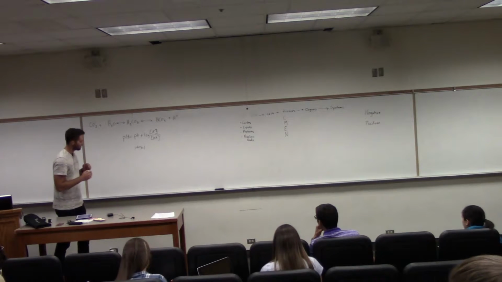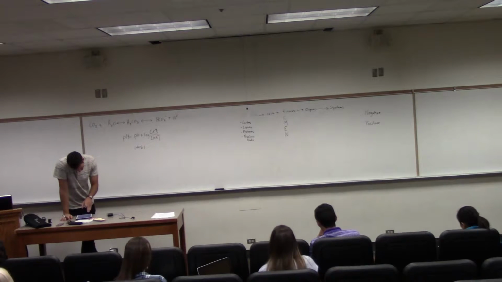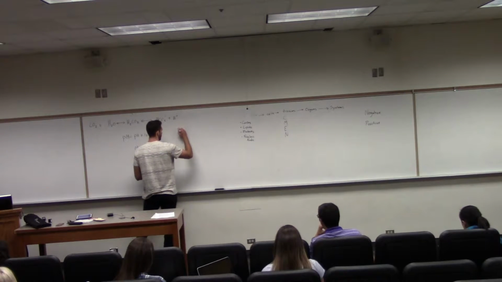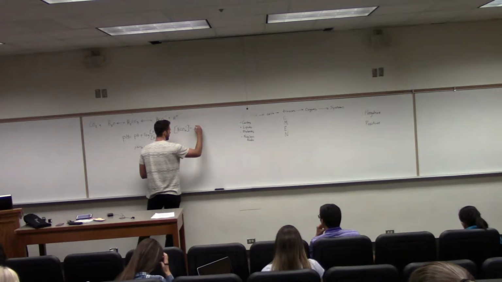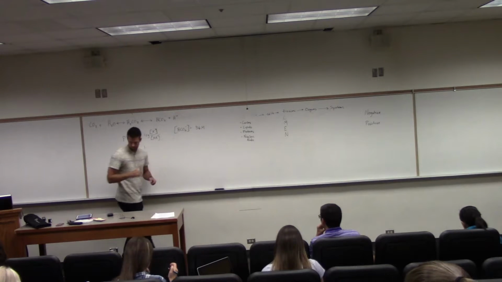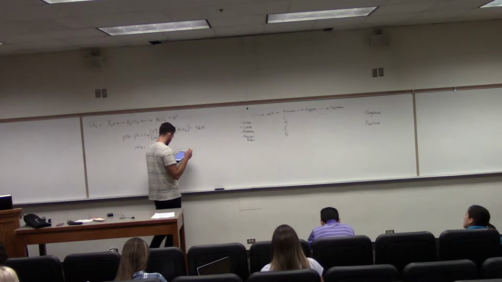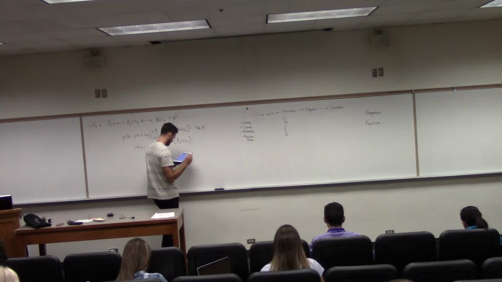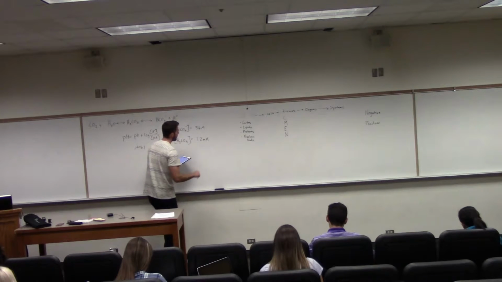But for a practice problem, if we have a concentration of 36, so our bicarb concentration is 36 molar, and our carbonic acid concentration is 1.2 millimolar, sorry.